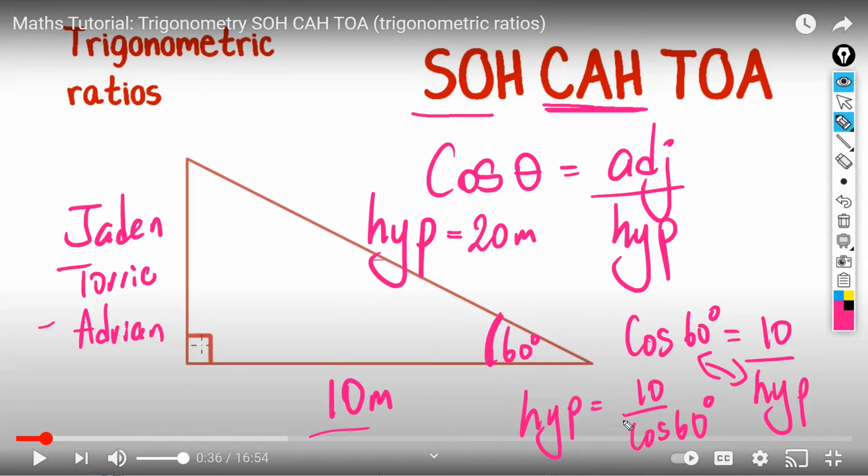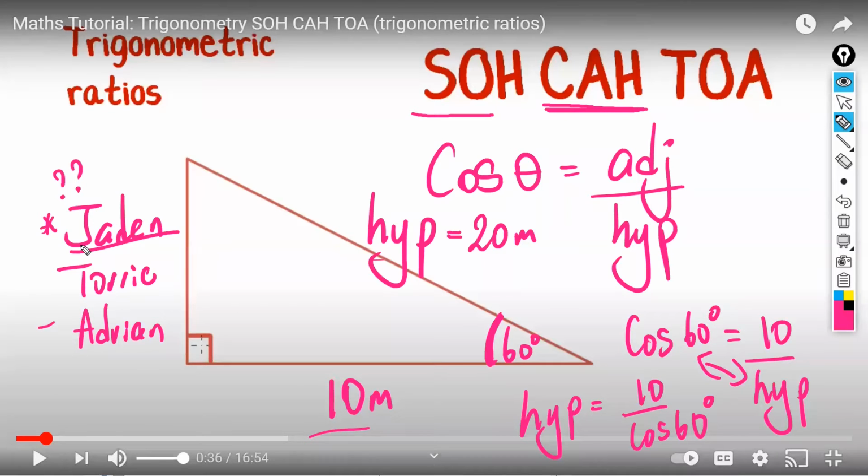So it's really 20. Jaden, do you understand why it's 20? Jaden, you with me, man? I'm here. You put the 10 over the cos 60, yeah, and then solve.